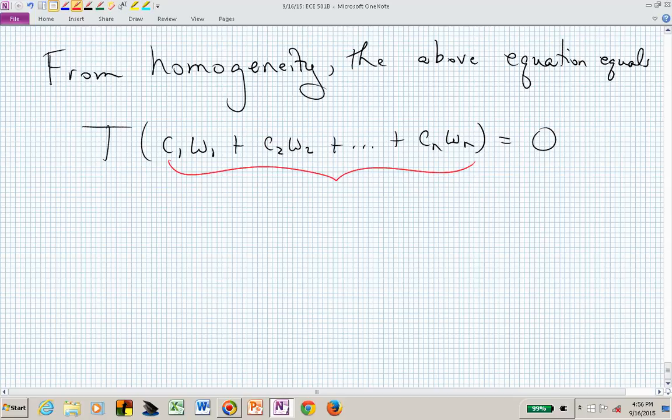Where does that live? It has to be in the null space of that linear map. So now, thus, C1 W1 plus C sub 2 W2 plus C sub n W sub n is in the null space of T.